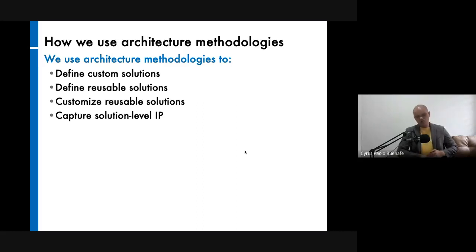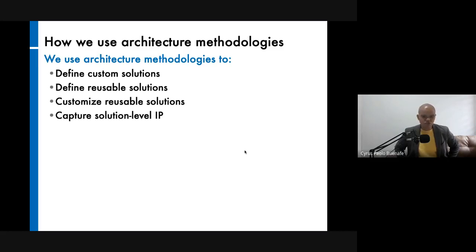Now, not only custom solutions, it can help us define reusable solutions, especially if we understand that they're based on certain models and standards, which may not be exactly original or may not be unique or specific to the client at hand, then these solutions have the potential to be reusable.